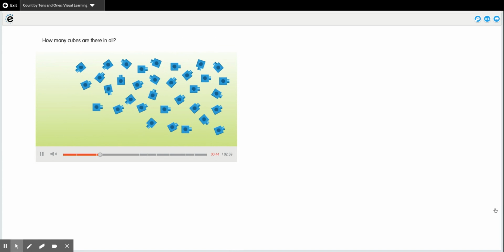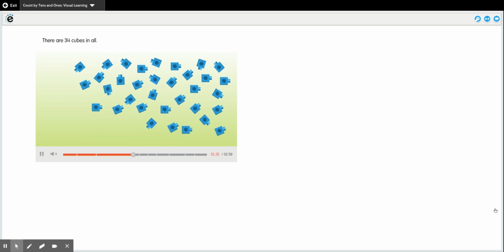How many cubes are there in all? Let's count. 1, 2, 3, 4, 5, 6, 7, 8, 9, 10, 11, 12, 13, 14, 15, 16, 17, 18, 19, 20, 21, 22, 23, 24, 25, 26, 27, 28, 29, 30, 31, 32, 33, 34.